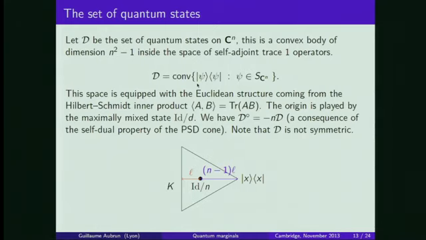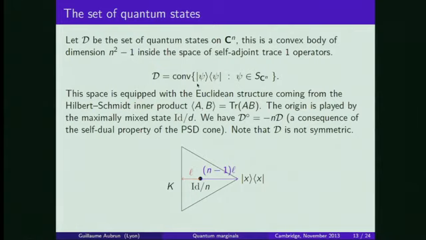For example, here I wrote the formula that the polar of D is equal to minus nD. So in this formula, polarity and homothetic enlargements are taken with respect to the maximally mixed state as the origin. This is simply a reformulation of the fact that the positive semi-definite cone is self-dual.